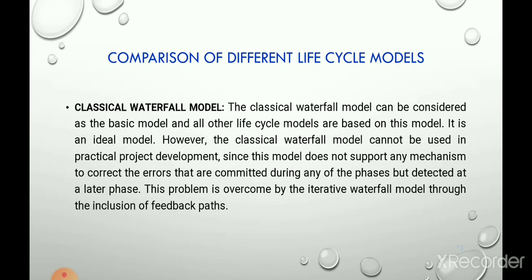However, the classical waterfall model cannot be used in practical project development, since this model does not support any mechanism to correct the errors that are committed during any of the phases but detected at a later phase. This problem is overcome by the iterative waterfall model through inclusion of a feedback path.